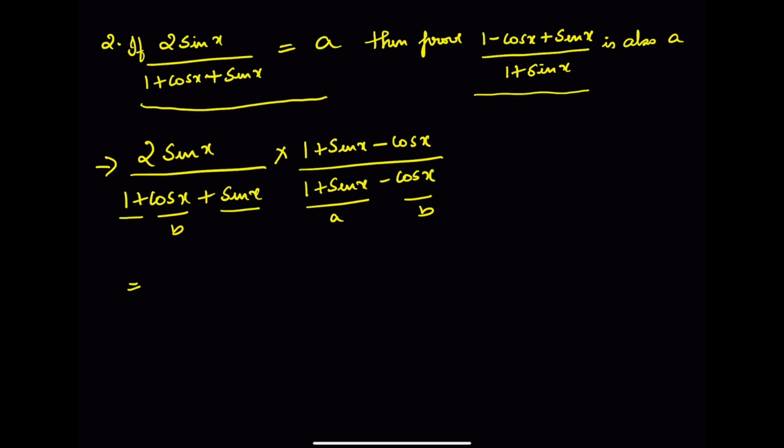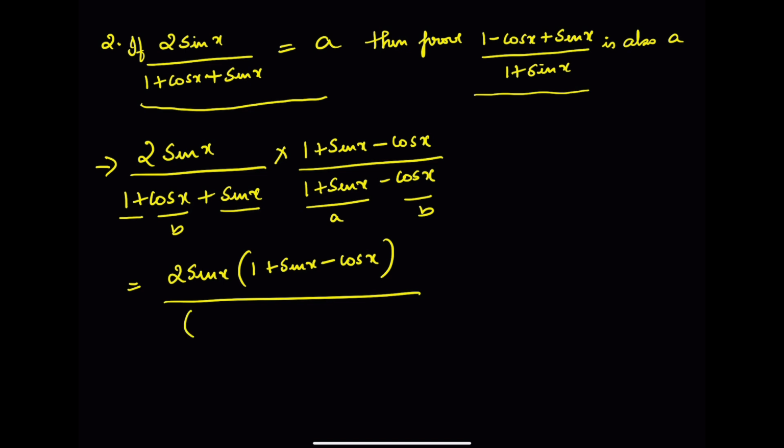It would be 2 sin x times 1 plus sin x minus cos x divided by the denominator would be a square minus b square, and a is 1 plus sine x. So 1 plus sine x the whole square minus cos square x.